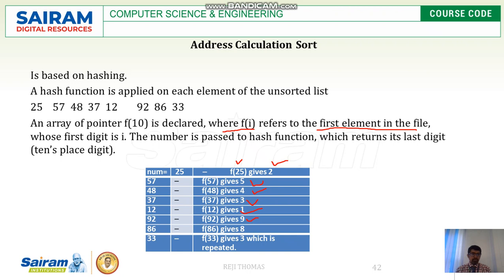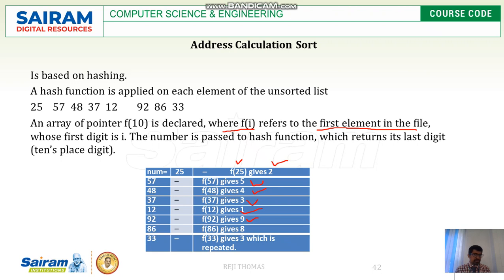In every pass, we find the least significant digit and put it in its bucket. Then we find the number in the tens place and put it. In the next pass, we find the number in the hundreds place. This continues if the number has only three digits. If it is for alphabets, you have to find the number of letters in the words and repeat based on that.